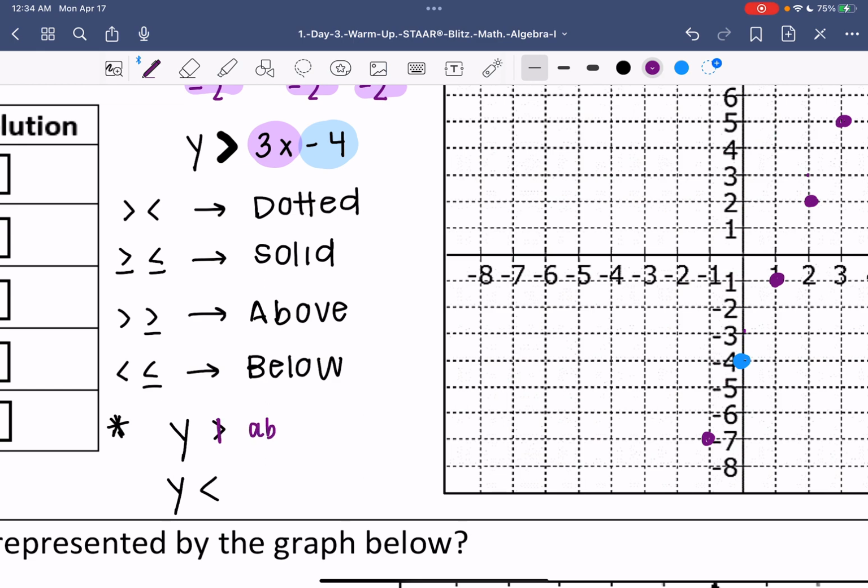So this is above, a sideways A for those that haven't been here. And then with the less than sign, I can make a B. So this is below. If you try to make a B with the one that's for above, it'll be a backwards B, so that doesn't make sense.